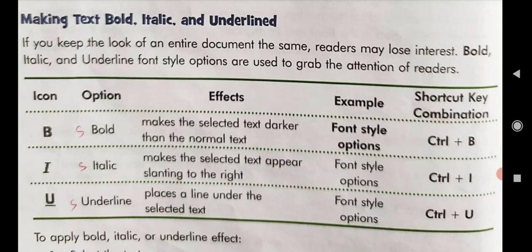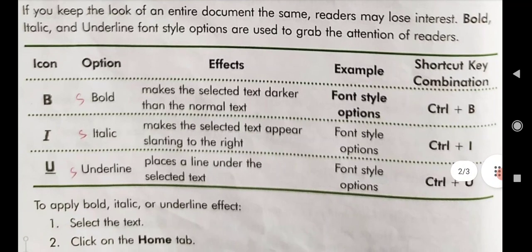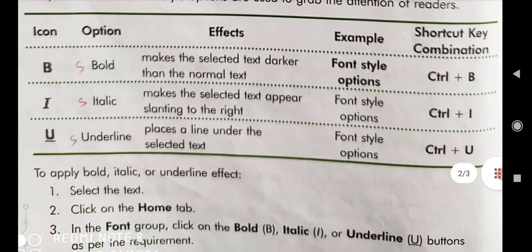So see here, next down it's given a table with columns: icon, option, effect, examples and shortcut keys. See, the icons are what? B means bold. It makes the selected text darker than the normal text.